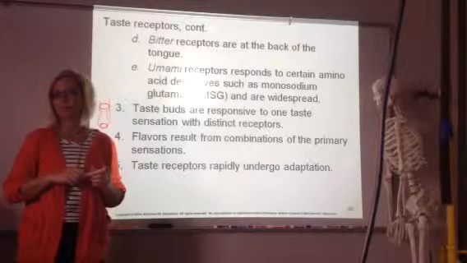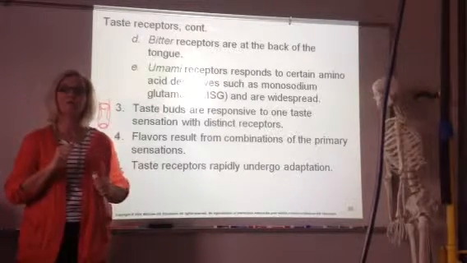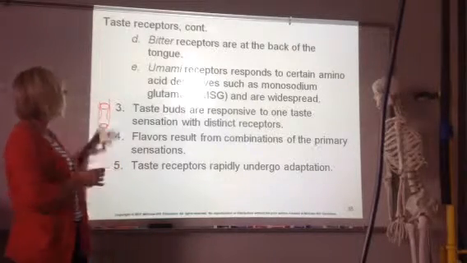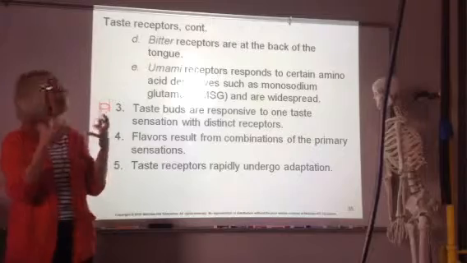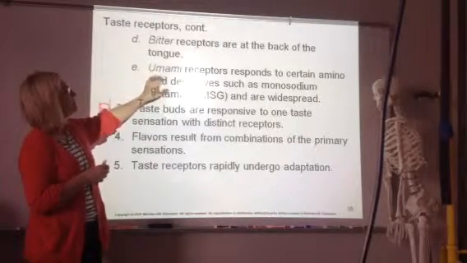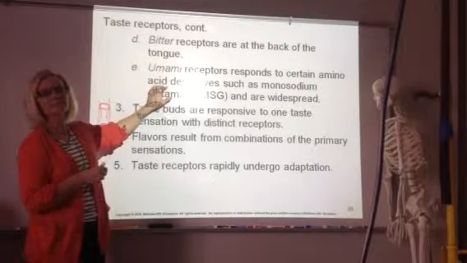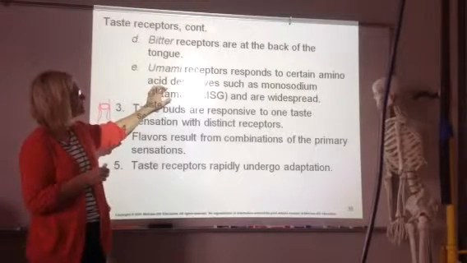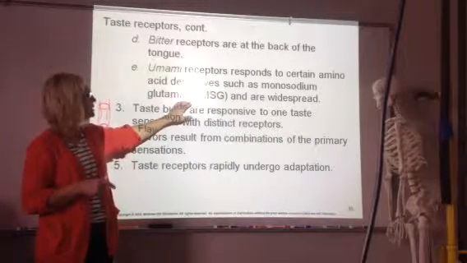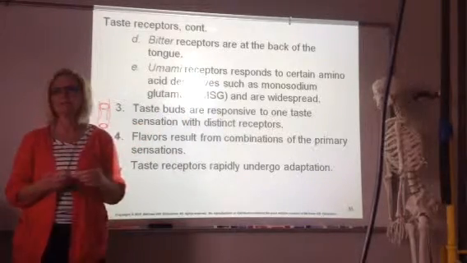I know when I was little, my dad made me take a bite of a bar of soap once. That is not a very good taste, and it's the back of your tongue where that is picked up the most. Umami receptors, more of an amino acid derivative, MSG, they talk about MSG in food, and they are also pretty widespread.